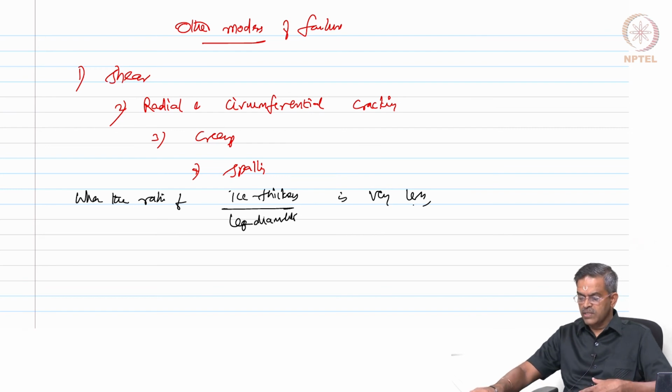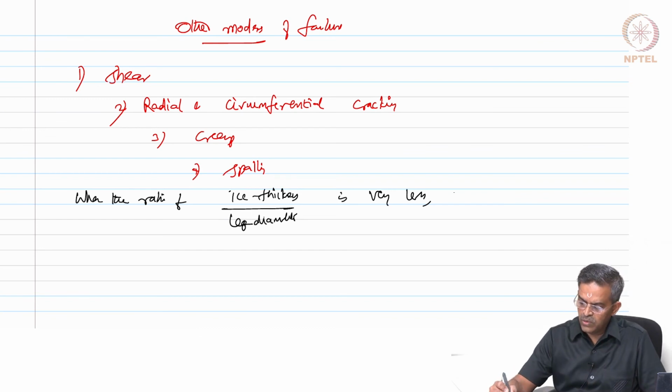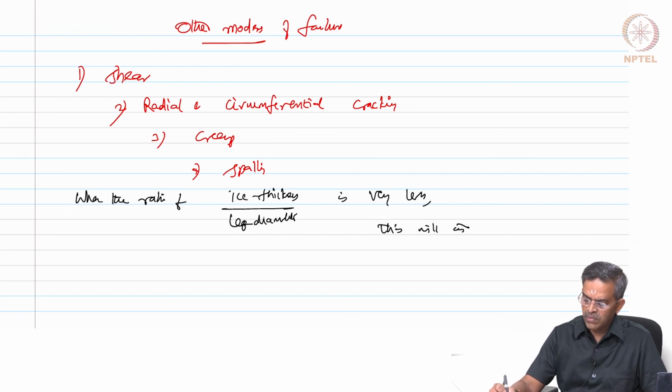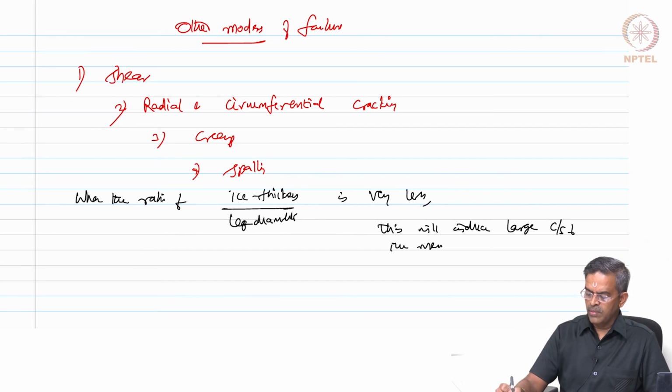If this ratio of ice thickness to member diameter is very less, this will induce a larger cross section of the member to withstand ice force.